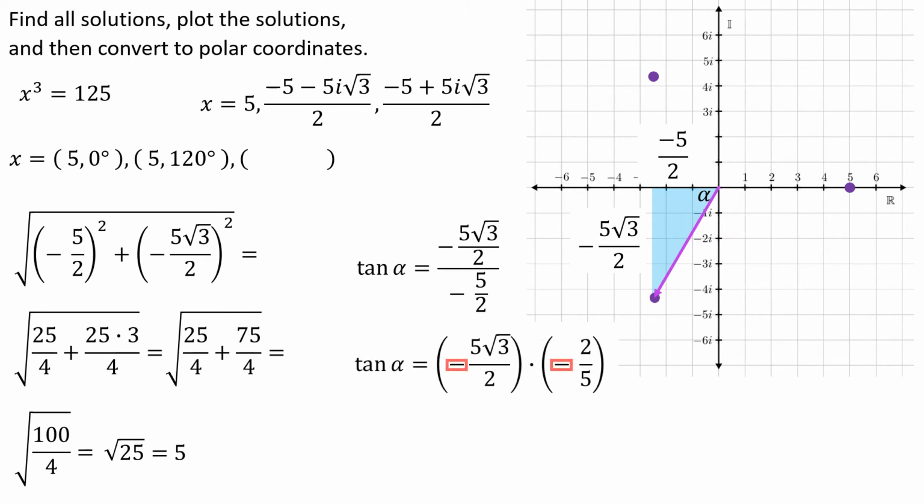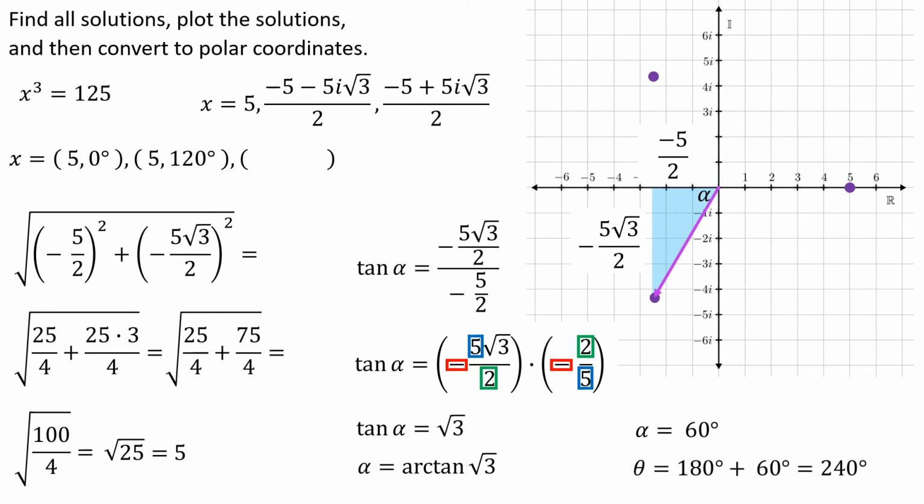And the angle is 60 degrees. Well, that's alpha. But that's 60 degrees beyond 180. So theta is actually going to be 180 degrees plus 60 degrees, which is 240 degrees. So those are my 3 solutions written in polar form after I found them in complex number form.